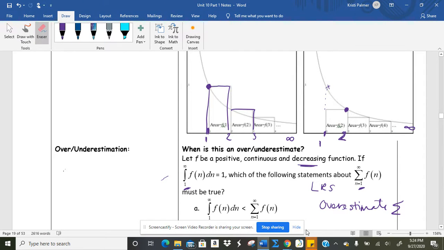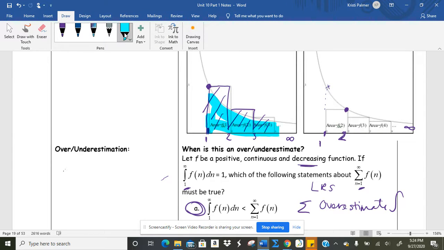Don't look at what I just wrote. Okay, so the summation of what we're adding is going to overestimate here the integral. And so that's what this is saying for part A, that summation piece is an overestimation of what the actual integral would have been, right there.